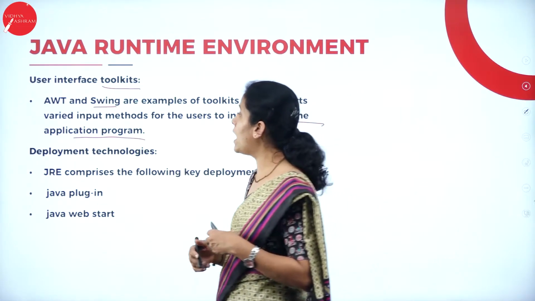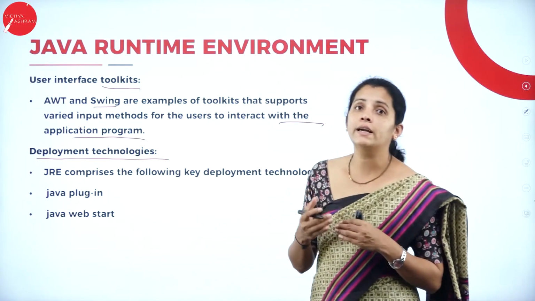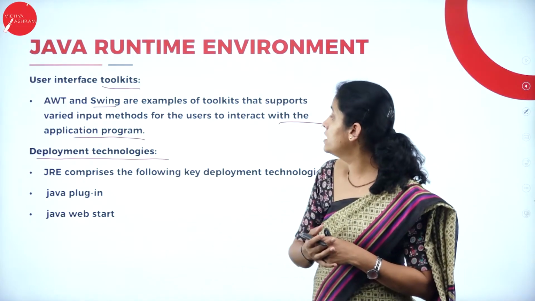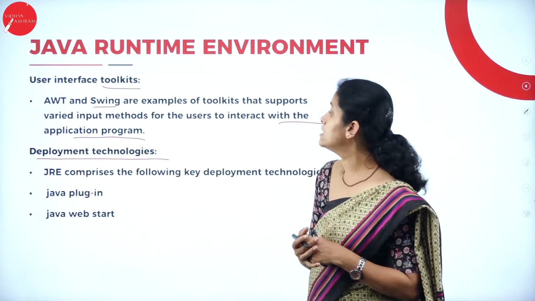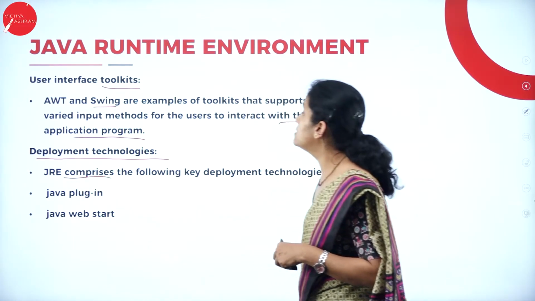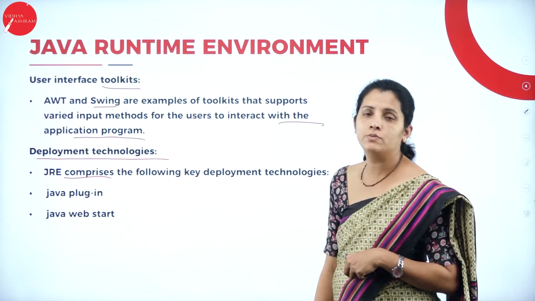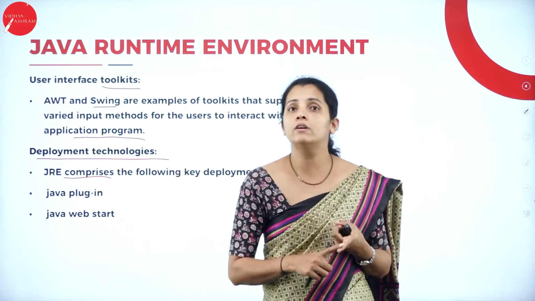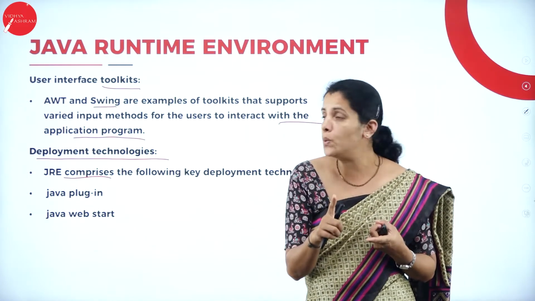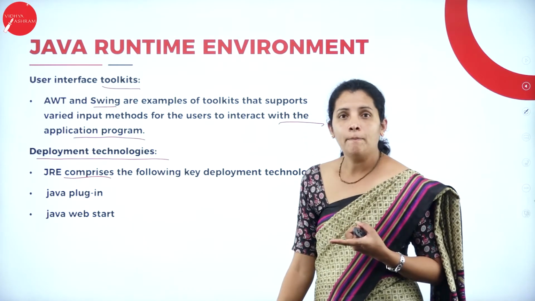Then we are going to have deployment technology. So what are the different kinds of deployment technology? Here the JRE comprises the following deployment technology. That means we can deploy our Java programs in two ways, that is by using the Java plugin.